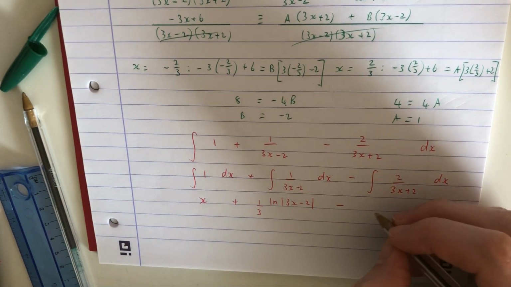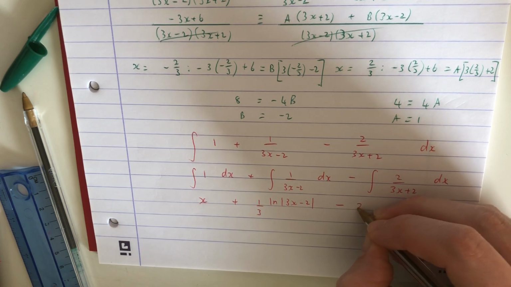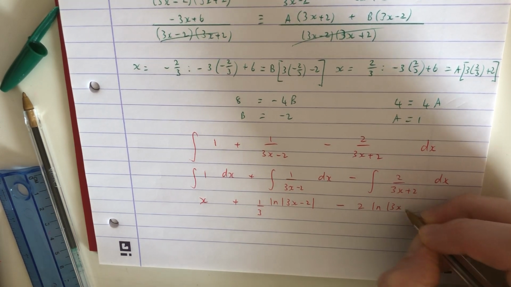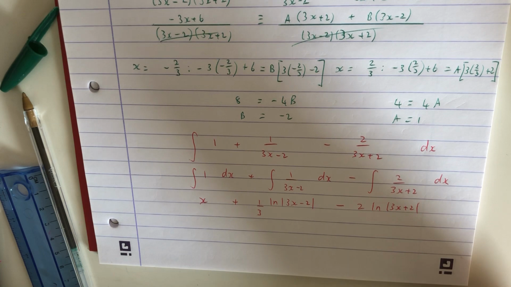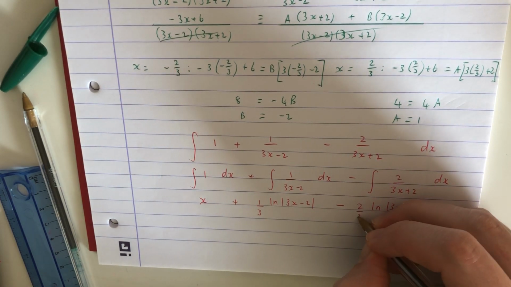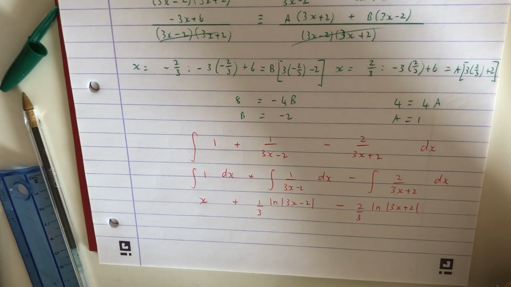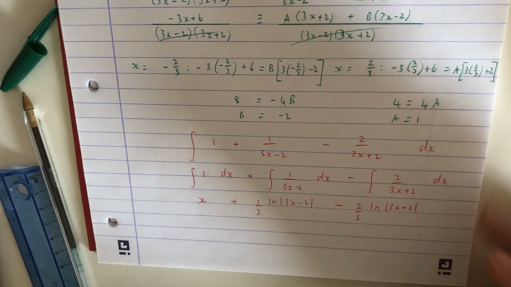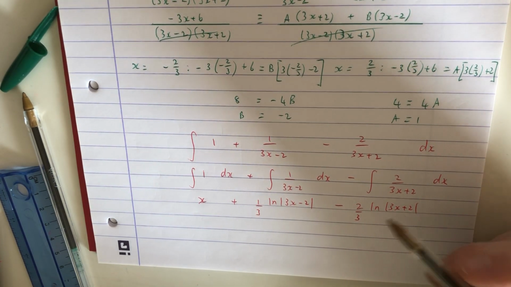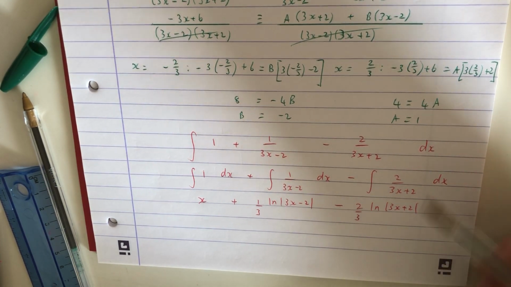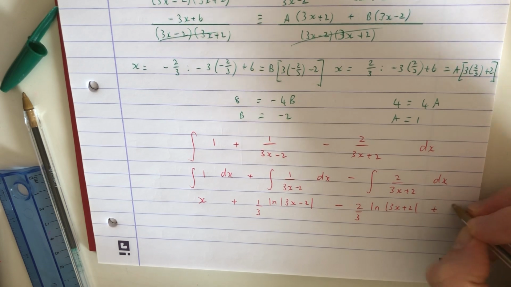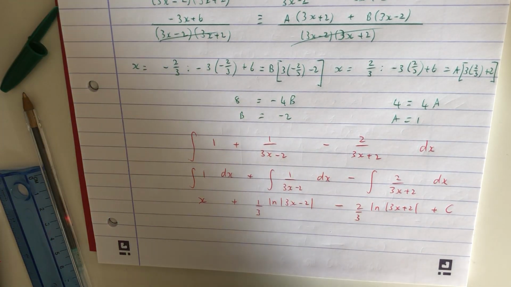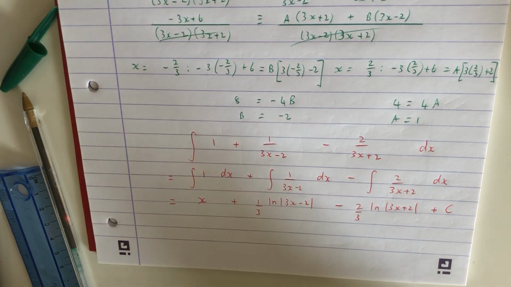And this one, again, 2 ln(3x plus 2). But then reverse chain rule, you'd have to divide by 3. You could also use the guessing, try different functions, and then work out what you need to divide by. But after you've done a lot of these, you'll spot the pattern of dividing by stuff, etc. And remember the plus c. Job done. And that would be it.